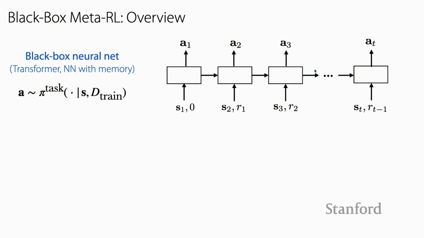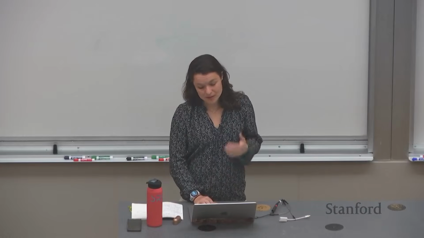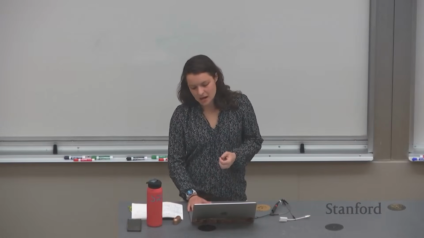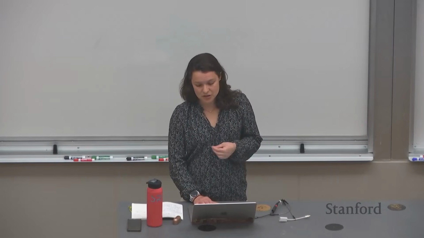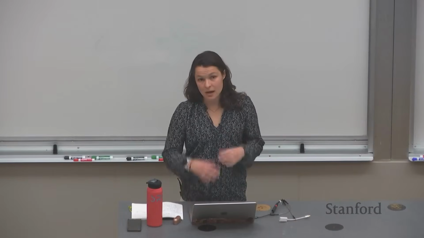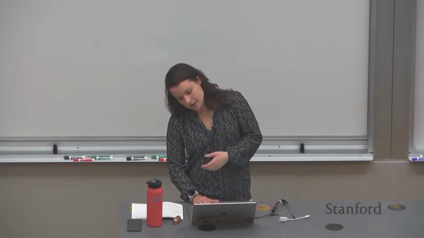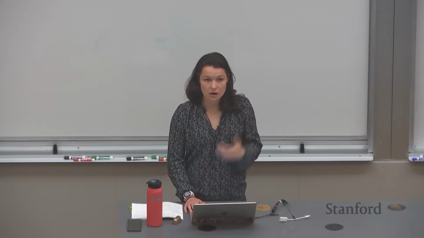It could be a transformer, or any sort of neural network with memory, like a recurrent neural network, where basically everything that's being passed into this policy corresponds to the experience that the agent has collected. So you're conditioning your policy on this training data set, and then having the policy output actions based off of the data that it's seen so far in that MDP, and then training the sequence model policy across all of the set of training MDPs that we have.